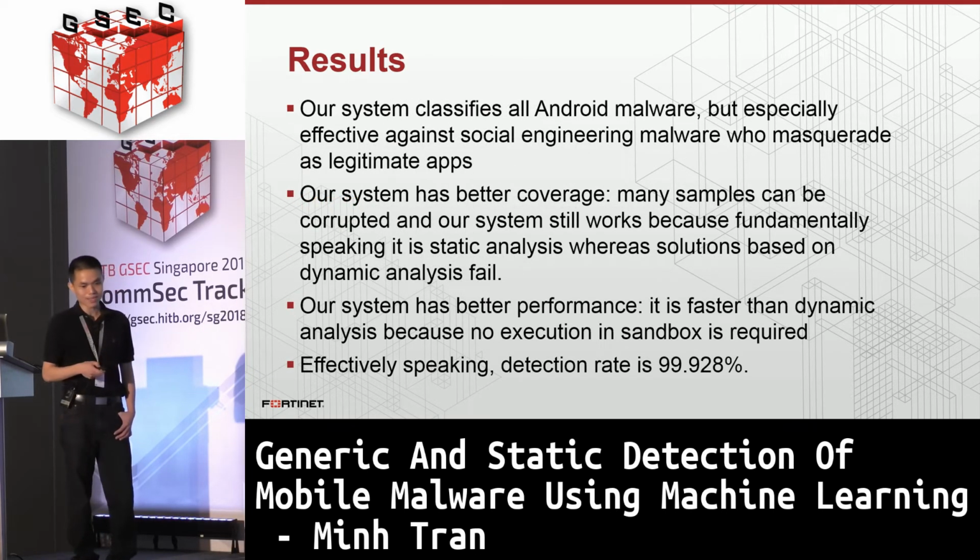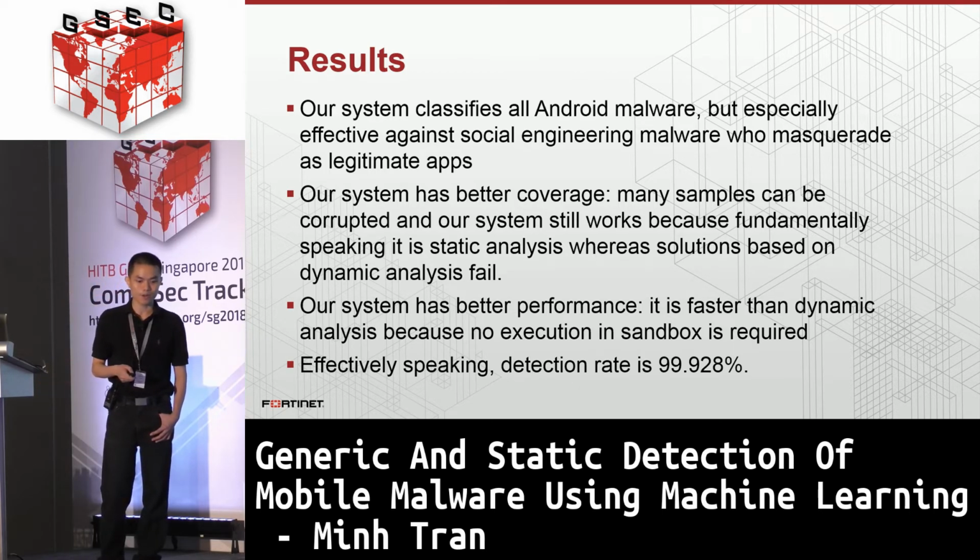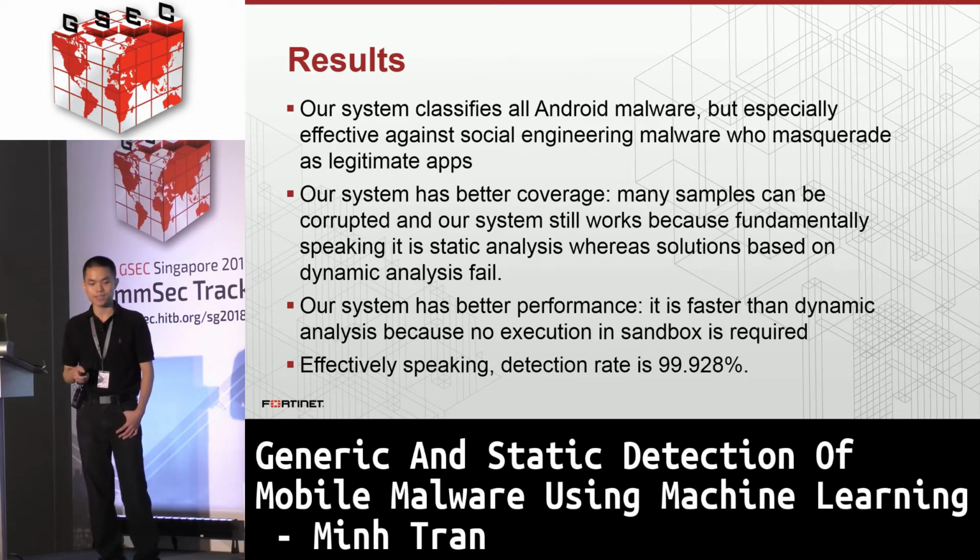And so, let me sum up the result of the POC. The result is that we have better classification overall because it has additional features to detect this kind of special malware. At the same time, it has better coverage because a sample can be corrupted and our system still works because, fundamentally speaking, it's static analysis, whereas other dynamic analysis solutions will fail because they cannot run.